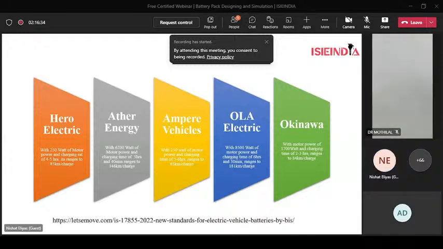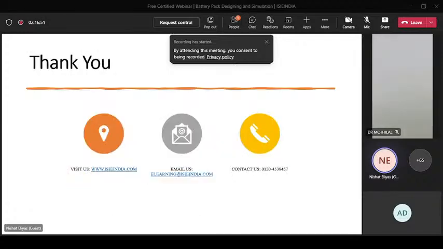So with all this learning of battery pack designing, its advantages, its configuration, and its designing as per the requirement, we come to the end of this webinar.